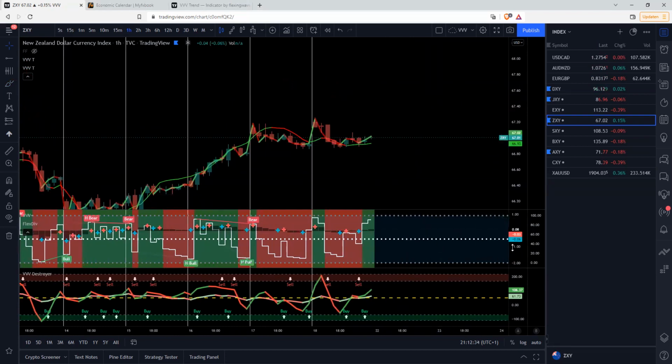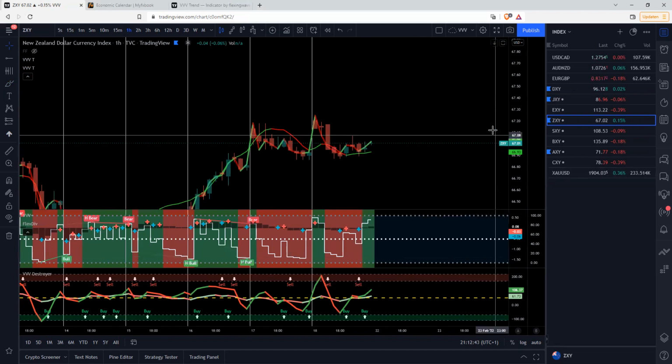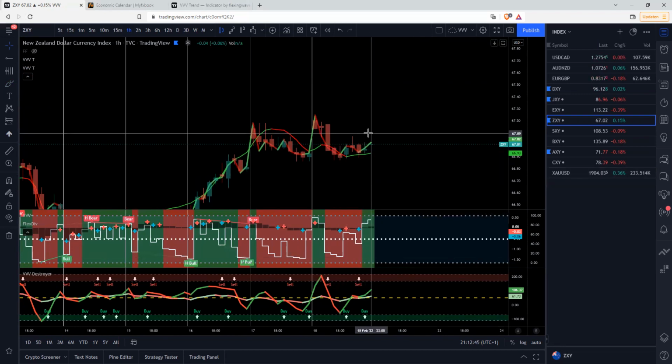We broke the zero line, we broke the main line on the Destroyer, we got the buy signal, and there is all 5 colors matching. So I want to see, wait, 18 February.